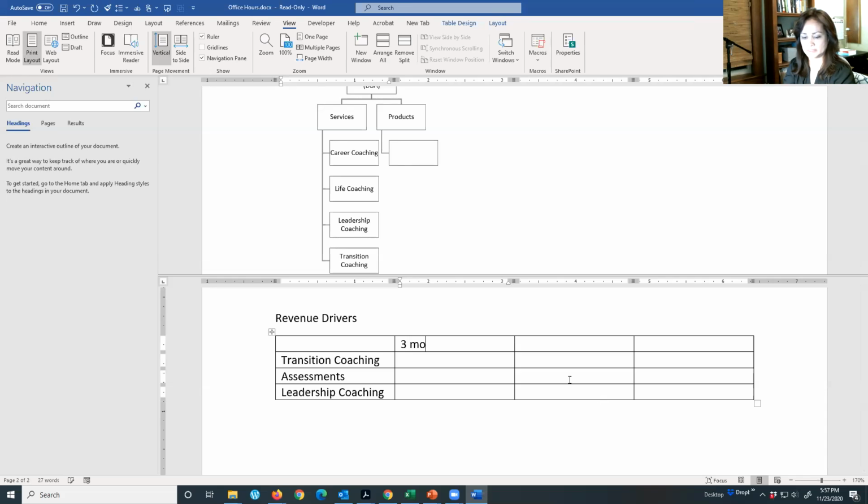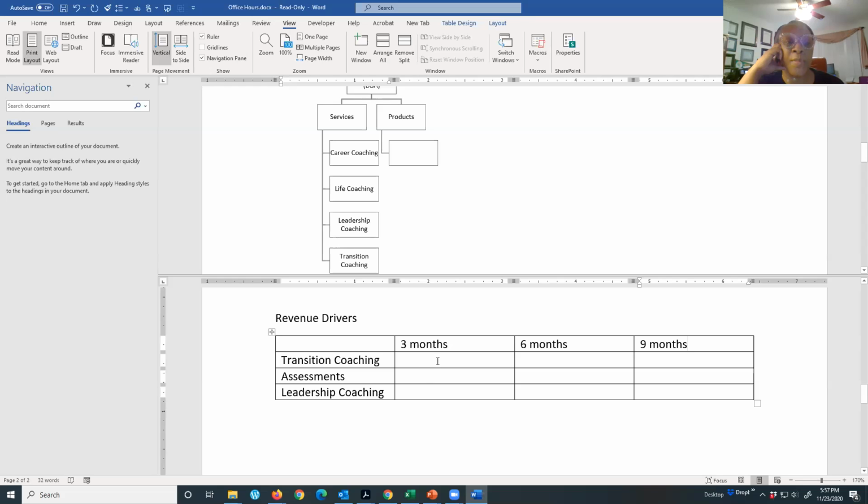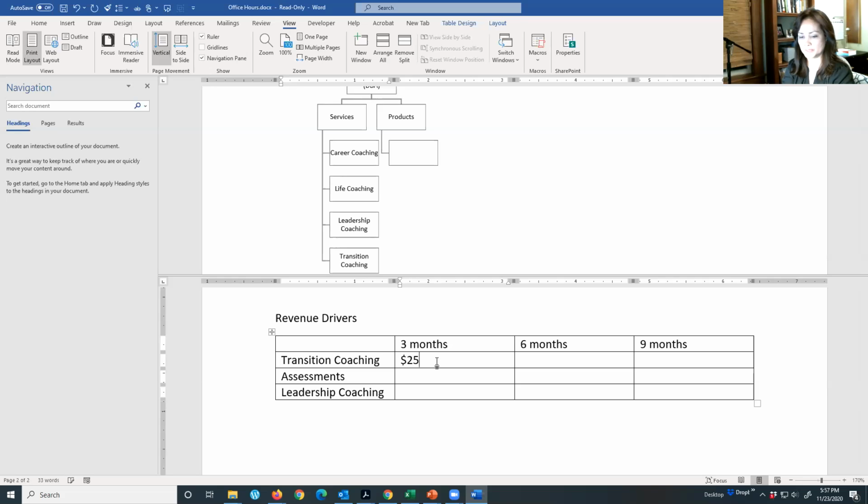3 months, 6 months. Okay, this is reasonable and people will pay for it. All right. Well, how much would you charge for a 3-month program for this? For a 3-month program is $2,500. Okay. And what do they get for it?